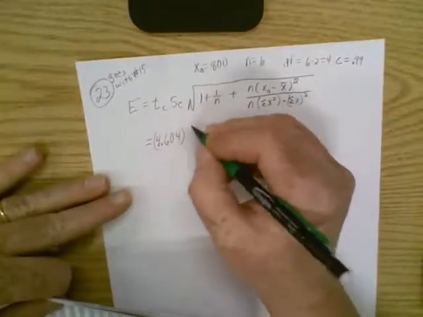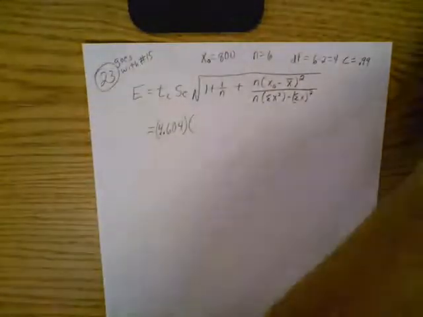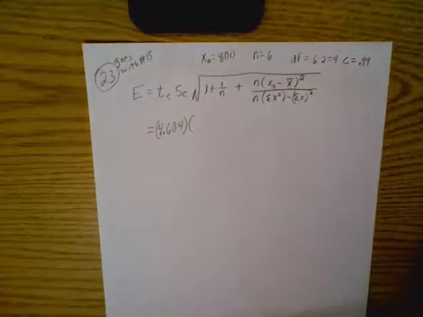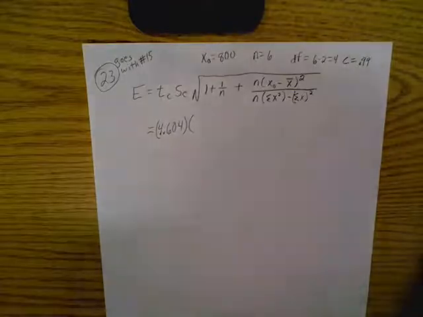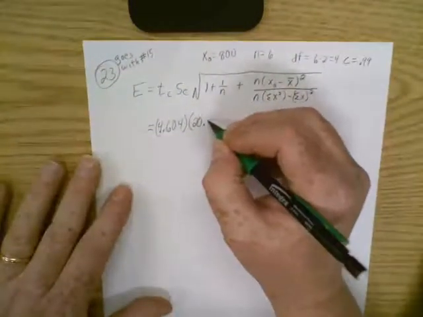Our SE we found when we did problem 15. And I'm going to use this one. We found our SE, it was 20.09. So I'm going to stick that in there.